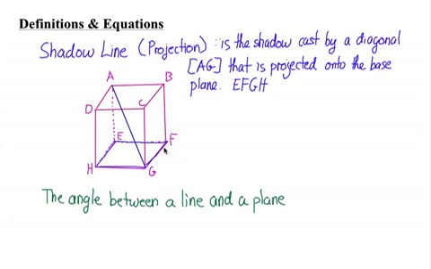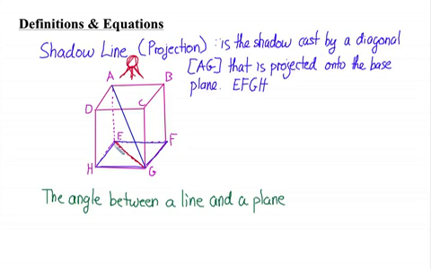If I were to shine a light directly down on the top of this wire-framed cube, and we had a wire connecting the points A and G, it would cast a shadow directly underneath it on the line EG.